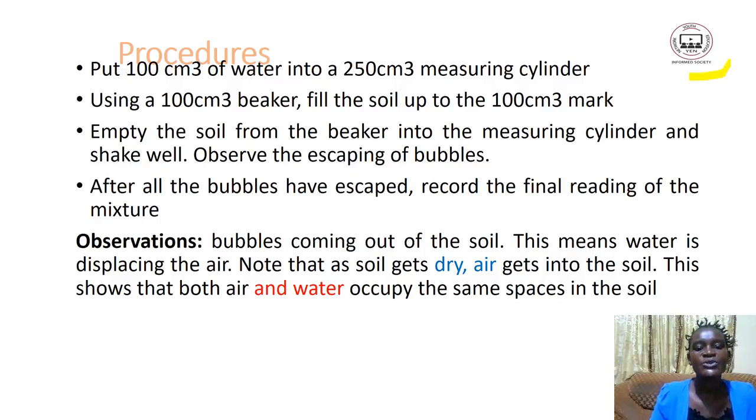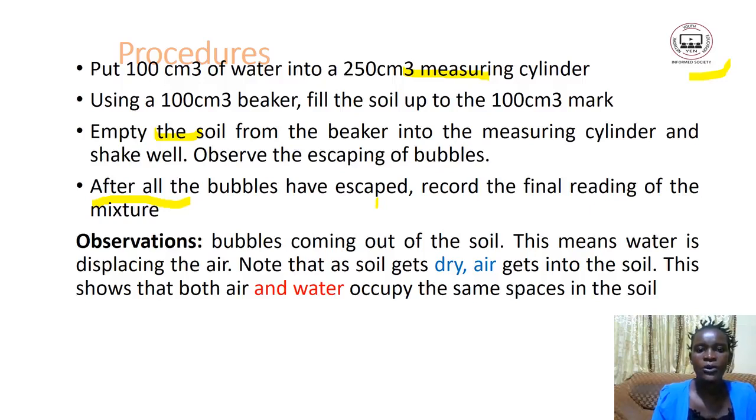Then you also use a 100 cubic centimeter beaker, fill it with soil up to the mark, in this case, up to 100 cubic centimeters. Then you empty the soil from the beaker into the measuring cylinder, the one of 250 cubic centimeters. Then you shake well.